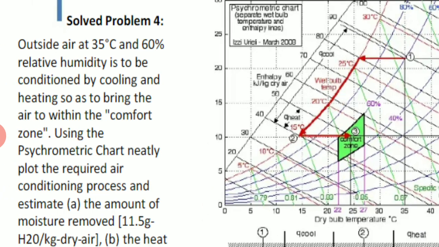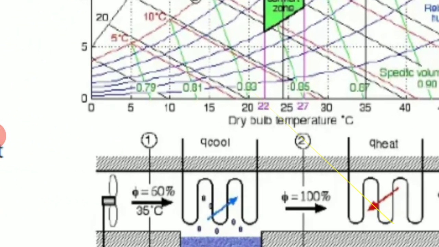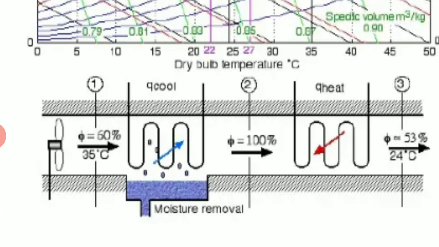So this is what the problem talks about when the condition is given for the cooling and heating process. Okay, fine, the problem is clear. Now the same thing in this figure. What exactly does this figure talk about? Air at 35% and 60% relative humidity enters a cooling coil, that is a sensible cooling process, where the moisture is removed.